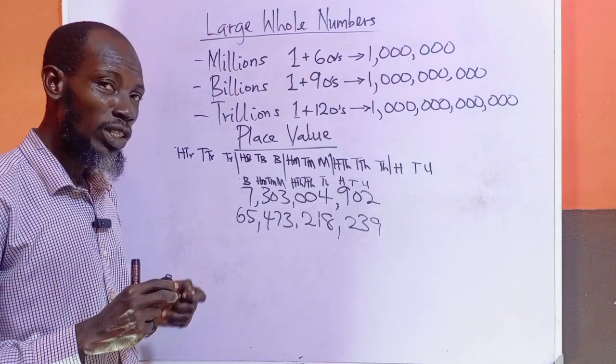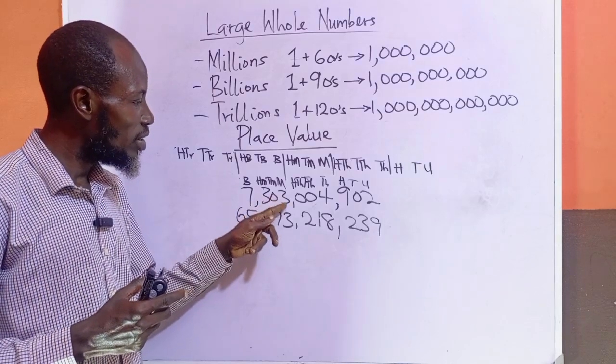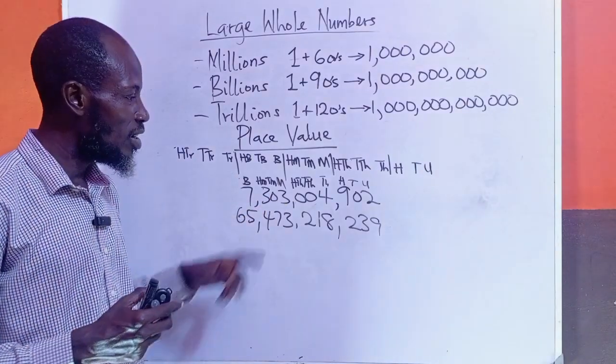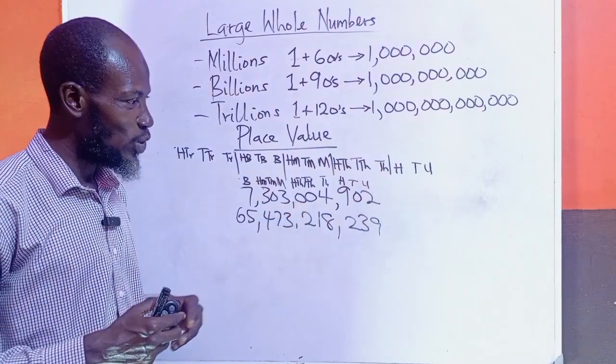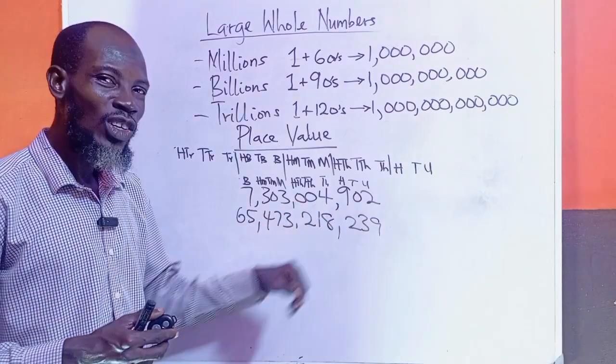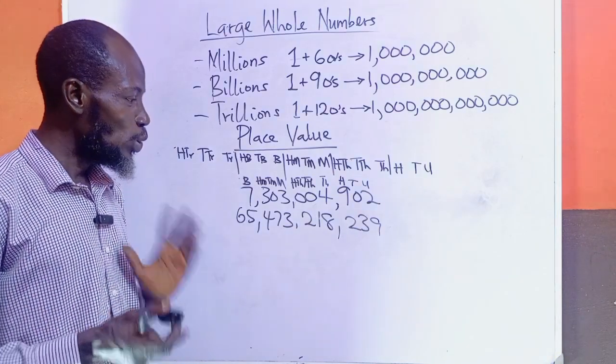So this is going to read 7 billion 303,4,902. Can you see now? The same thing.